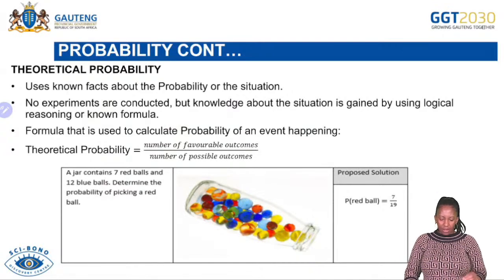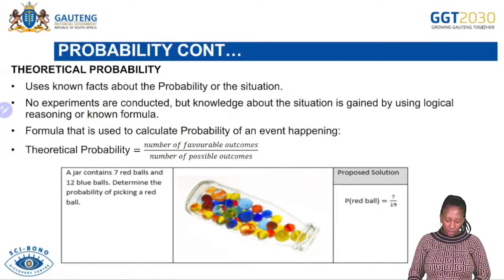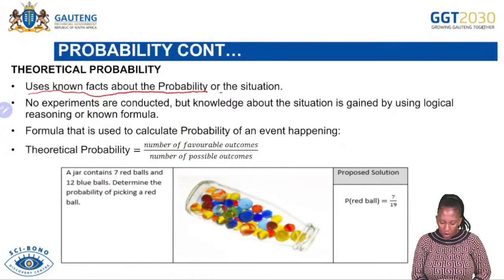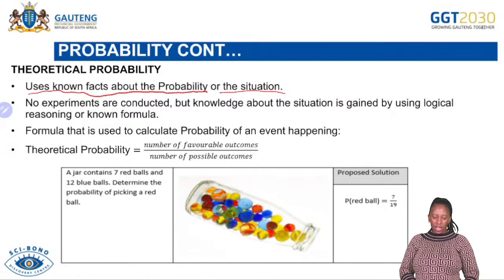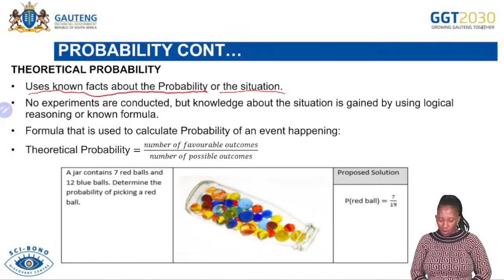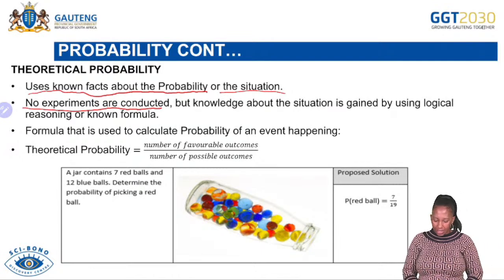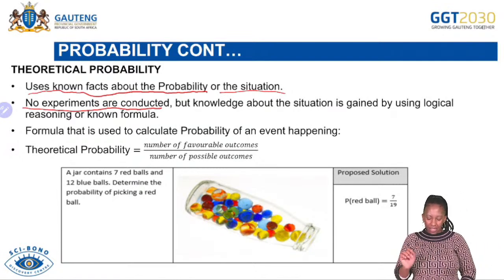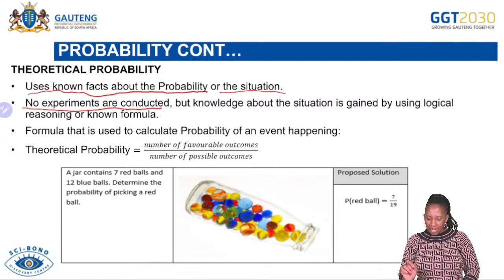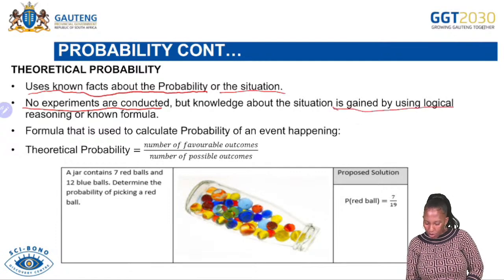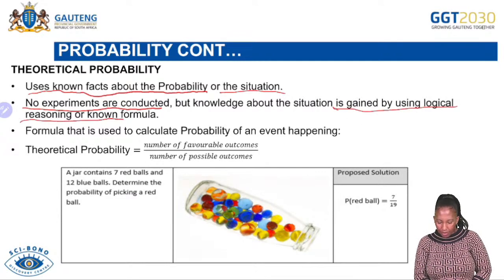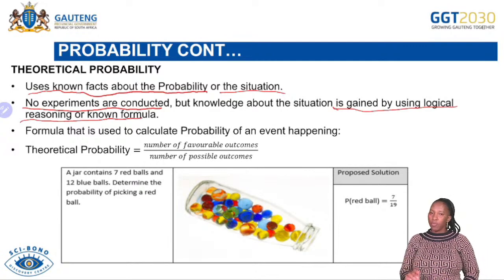We use known facts about the probability or the situation. So with theoretical, we use the known facts about probability or the situation. No experiments are conducted at all. It says no experiments are conducted, but knowledge about the situation is gained by logical reasoning or known formula.